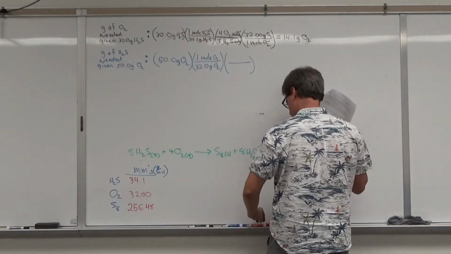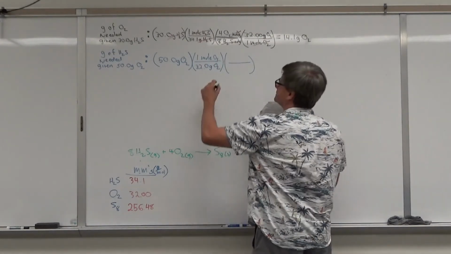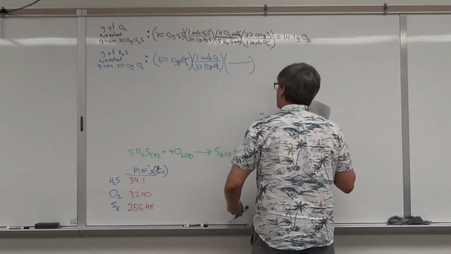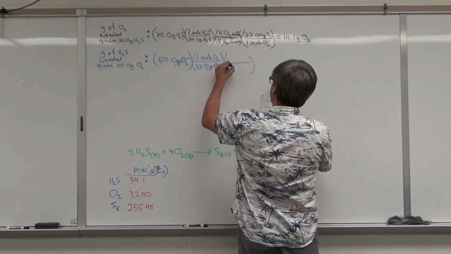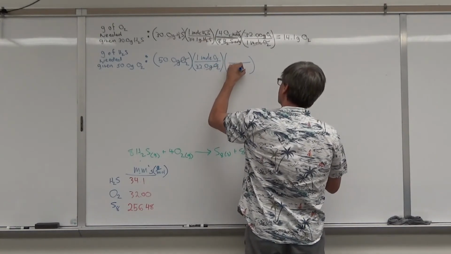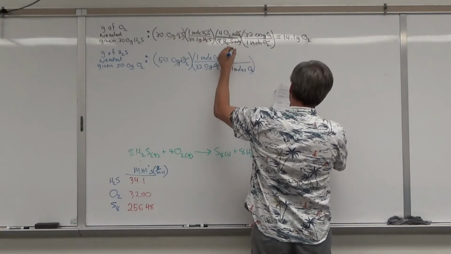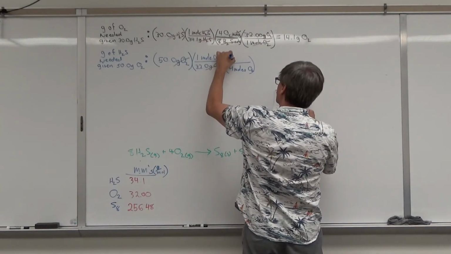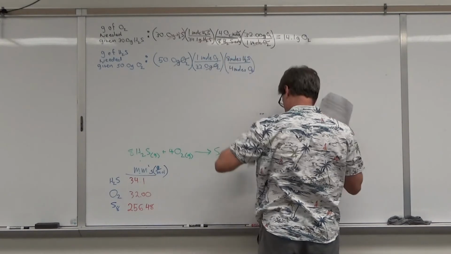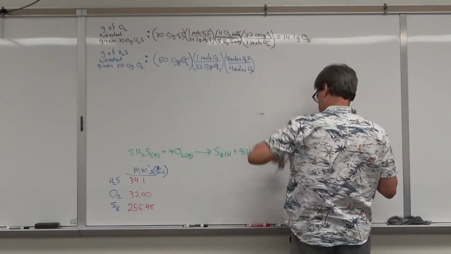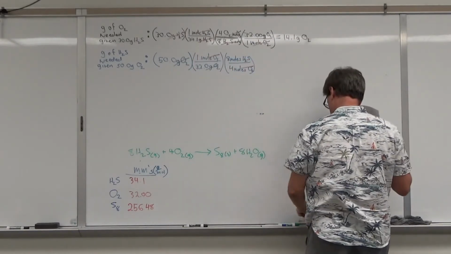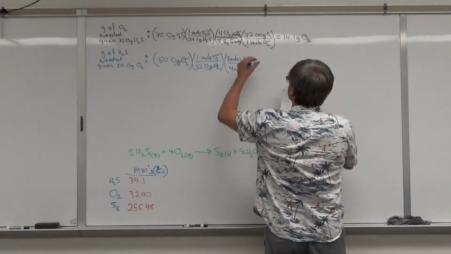So now in the calculation, that's grams of O2, we're at moles of O2. For every 4 moles of O2, again, 8 moles of hydrogen sulfide. Moles of O2, moles of O2. So now we're at moles of hydrogen sulfide.